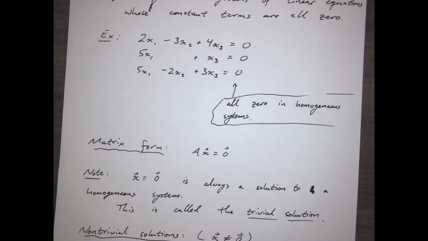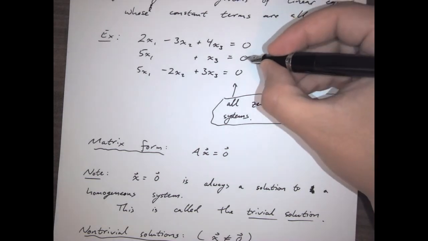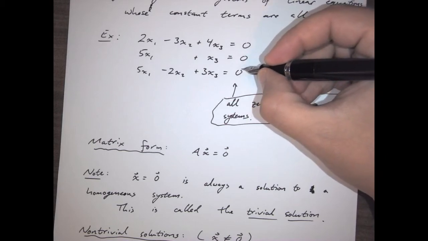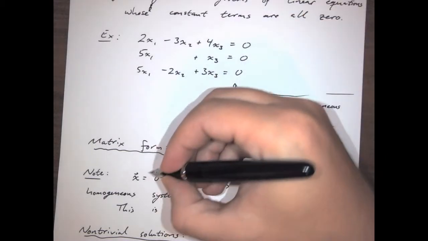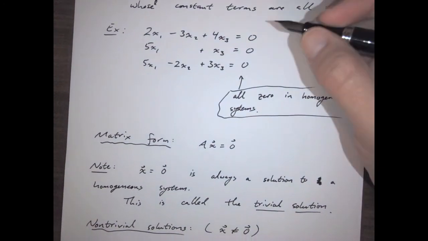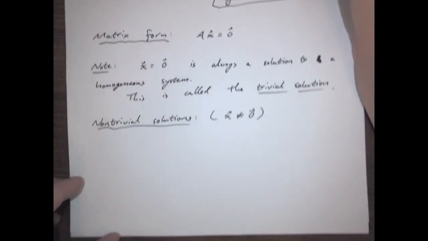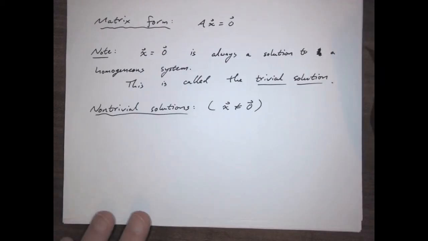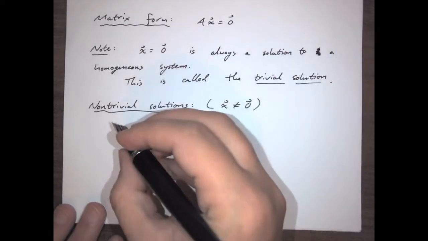But what numbers would they be? They would be 0, 0, and 0. So if there's a unique solution, it's the trivial solution. So in order for there to be a non-trivial solution, there must be more than just one unique solution, which means we must have free variables.